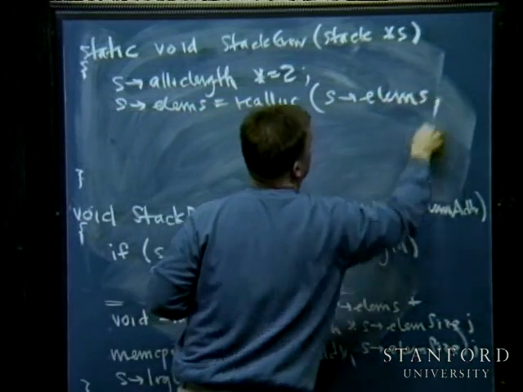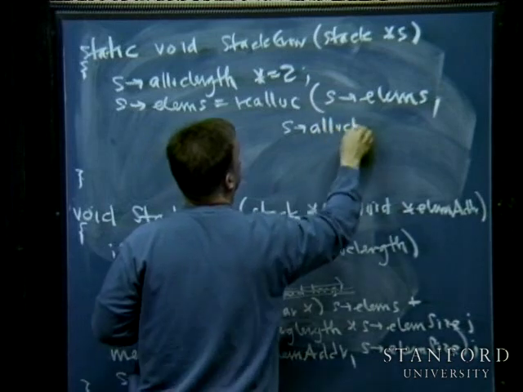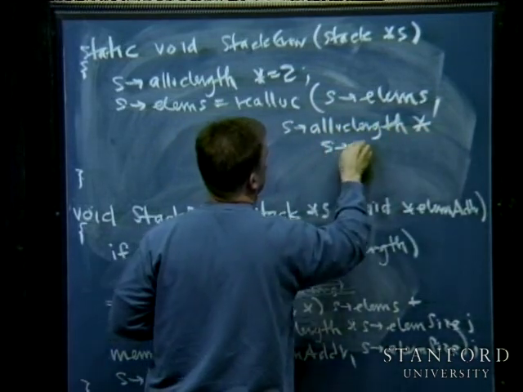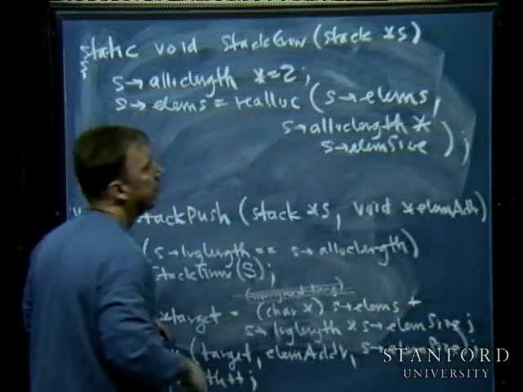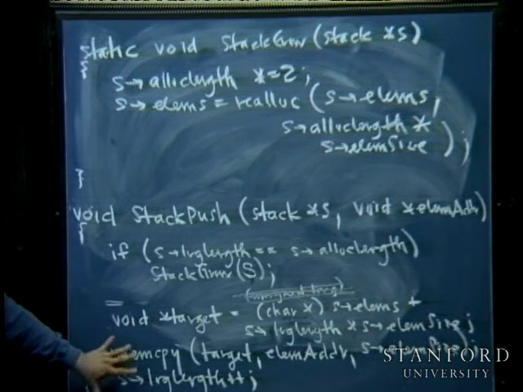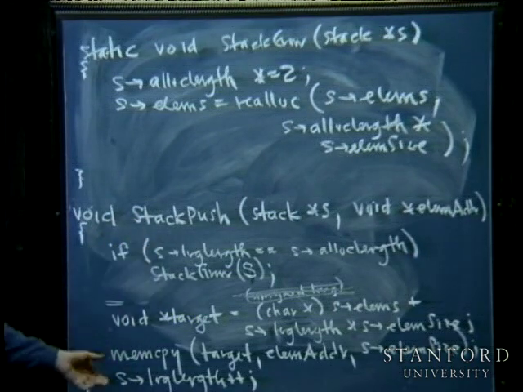I always mess this up every quarter. s->allocLength times s->elemSize. After 20 years of coding with C, I forget the elemSize every time I write a realloc request. Make sense? That's the cleaner way to write it, I think. It makes this focus on the interesting part that's hard to get and kind of puts this aside as uninteresting.